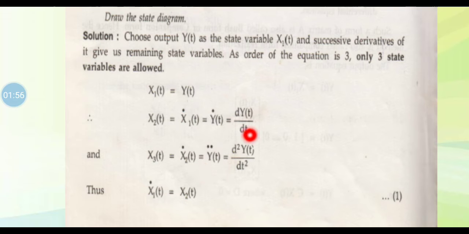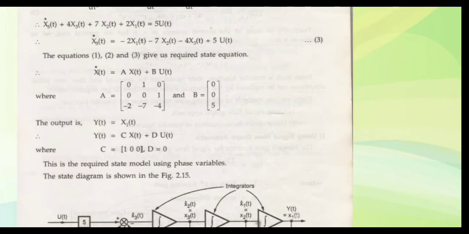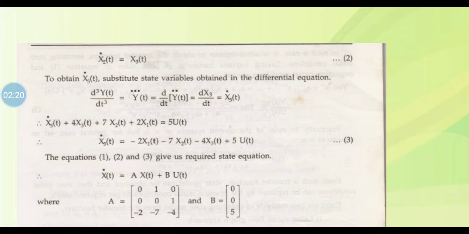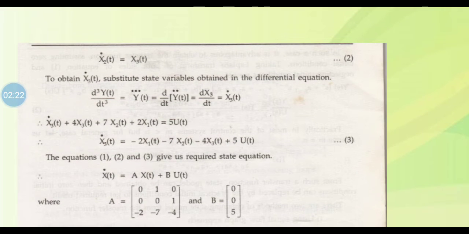Thus x1 dot(t) is equal to x2(t). Therefore, we can write x2 dot(t) is equal to x3(t).